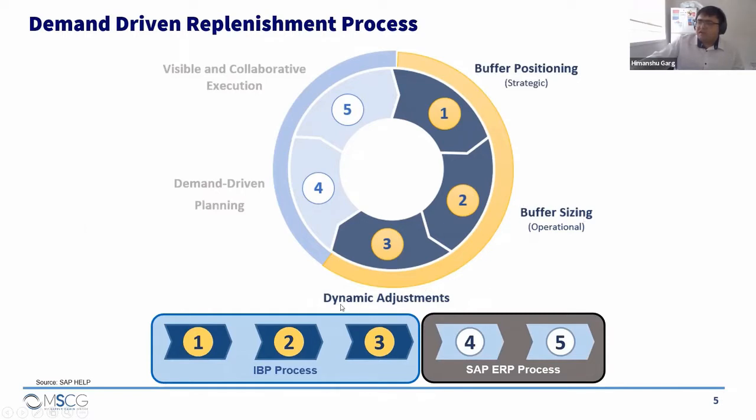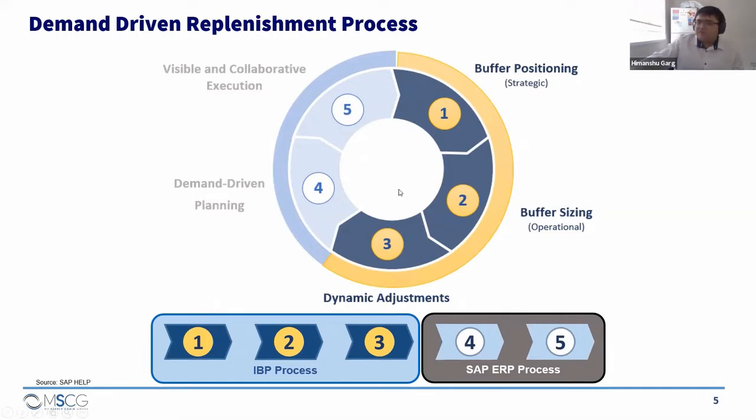The third is dynamic adjustments to these buffers. And fourth is demand driven planning. That is planning your supply chain based on the buffers that are determined by the DDR tool. And the fifth is to visualize the plan and act on it, like you manage the plan based on reports and KPIs that you will generate.